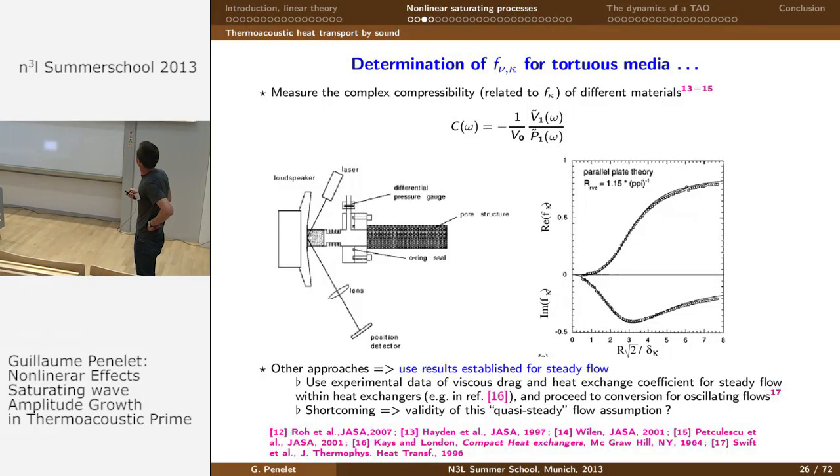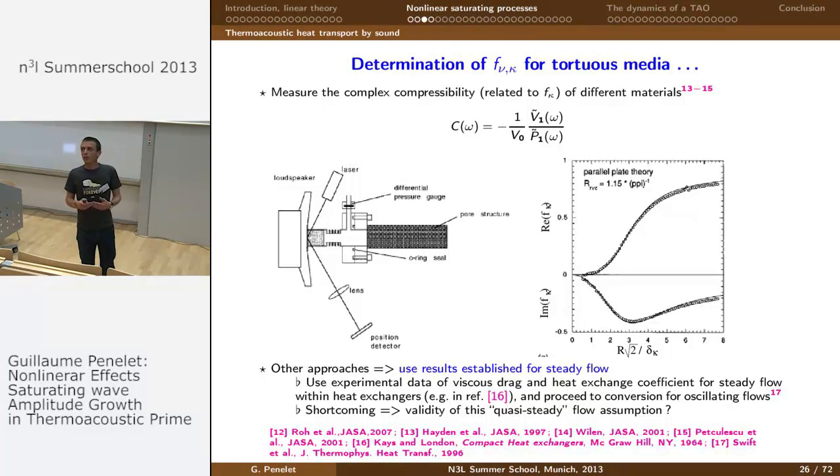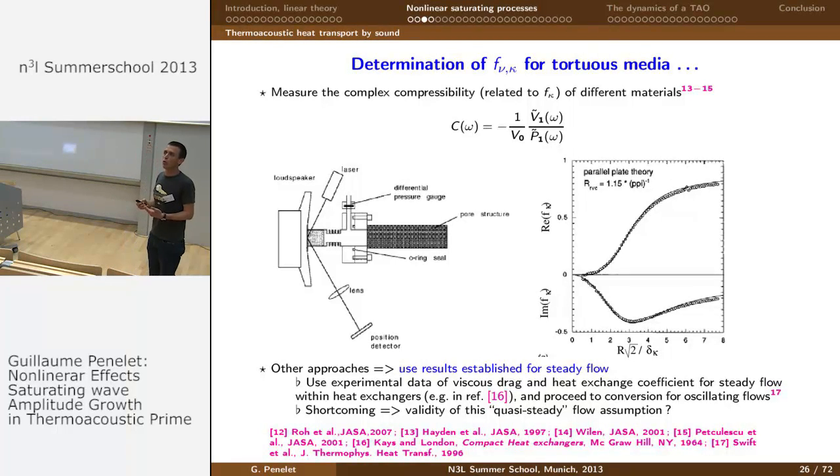So it is based on the calculation of viscous drag and heat exchange coefficients from some correlations that we can find in some reference textbook like the Kays and London. And we simply have to adapt some well-established results in steady flow in the case of oscillating flow. So it's a pragmatic approach, but its validity is questionable because we need to make an assumption of quasi-steady flow.